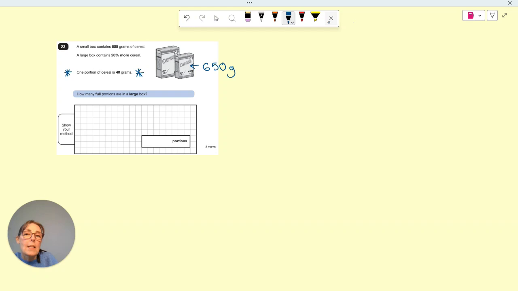So 20% more cereal means it's 20% more than the 650 grams. So what I want to do is find out 10% first. Now 10% is the same as saying 10 hundredths.